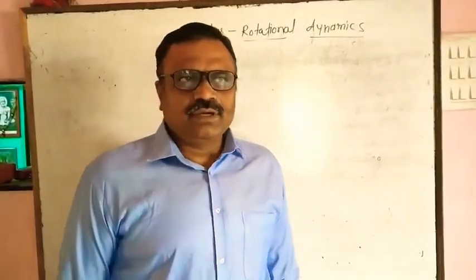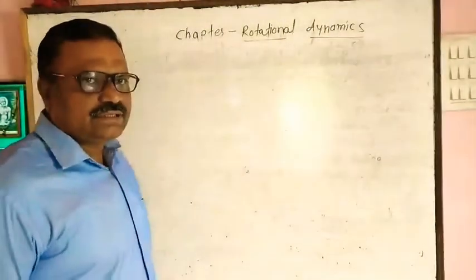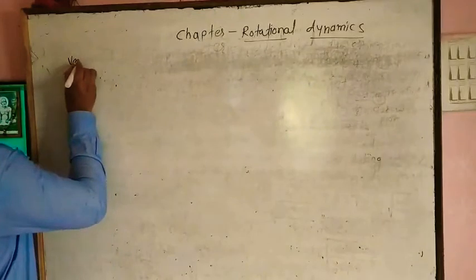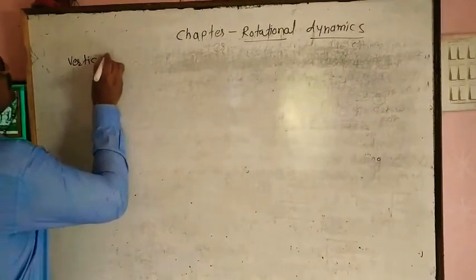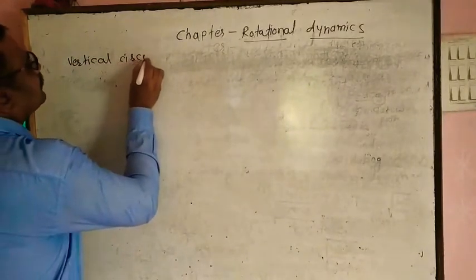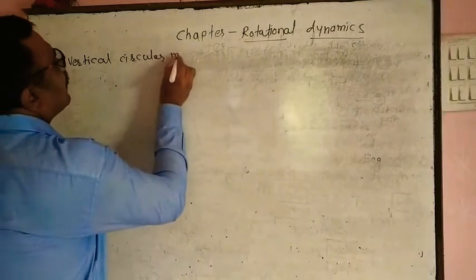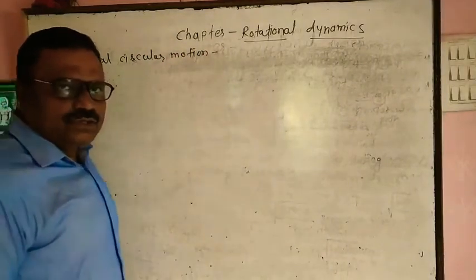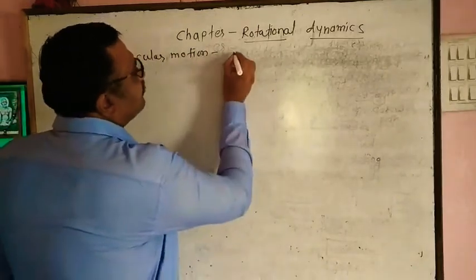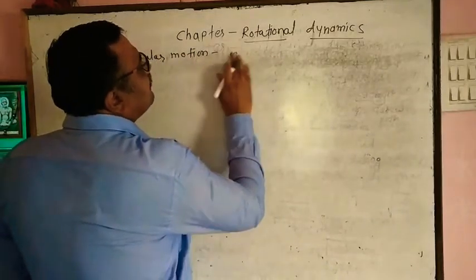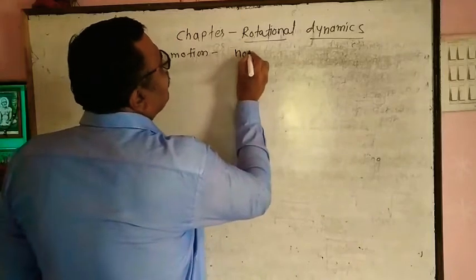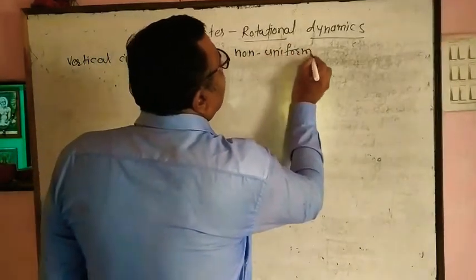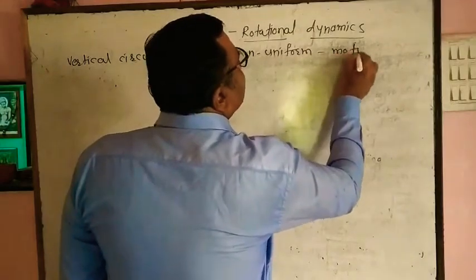Vertical circular motion. Today we discussed vertical circular motion. Vertical circular motion is an example of non-uniform circular motion.